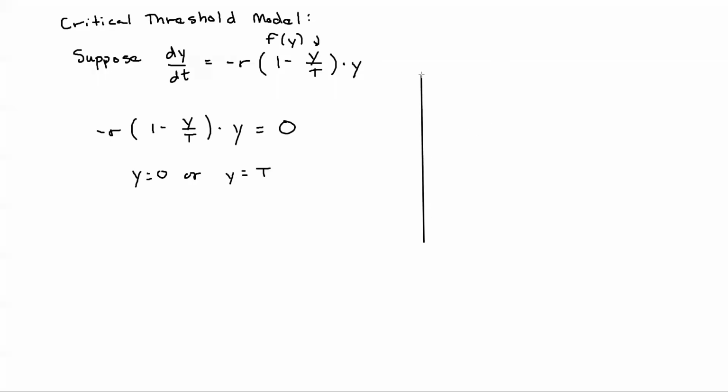Let's go through and we'll put our picture over here on the right-hand side. So we have at 0 and at T, we have equilibrium solutions. And with equilibrium solutions, what happens? We have these horizontal solutions that just go across.